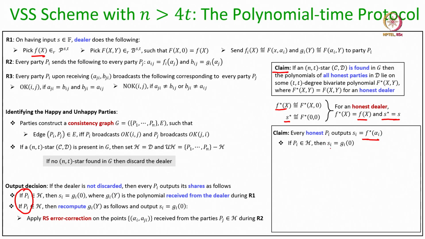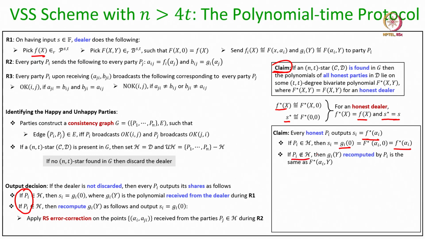If it is a part of the happy set, then its share is nothing but the constant term of its column polynomial which it has received from the dealer, and we have already proved in the previous claim that the constant term of its column polynomial is nothing but the value of the f star polynomial at x equal to alpha i.